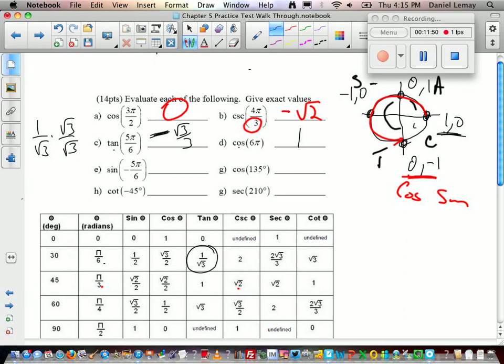Next, sine of negative 5 pi over 6. So negative 6 pi over 6 would be here. So we're not going quite that far. So sine in that quadrant is negative. Reference angle is pi over 6. We're looking for sine, 1/2.